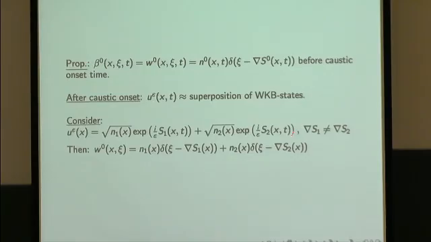Of course, here the gradient of S1 is different from the gradient of S2 to make it really two. Now, then you can compute in a rather simple way the limiting Wigner measure. And the limiting Wigner measure is just the sum of two monokinetics. So in particular, that means that the support of the limiting Wigner measure in phase space is just the union of the graphs of the two velocity fields.